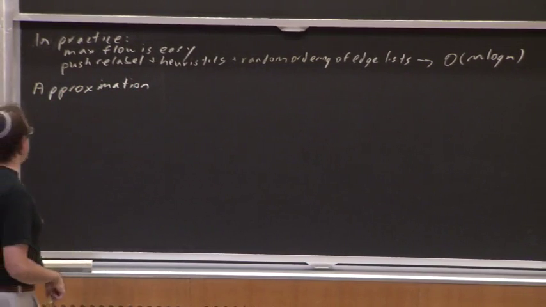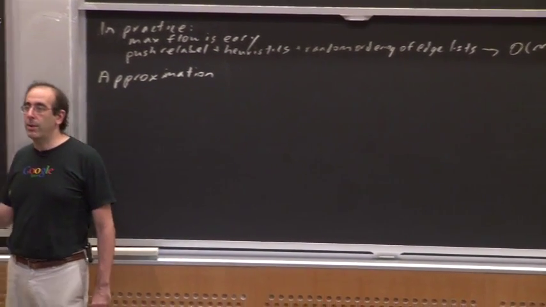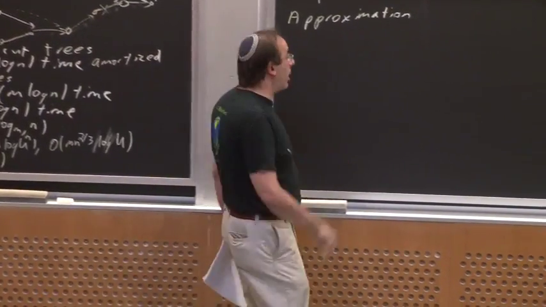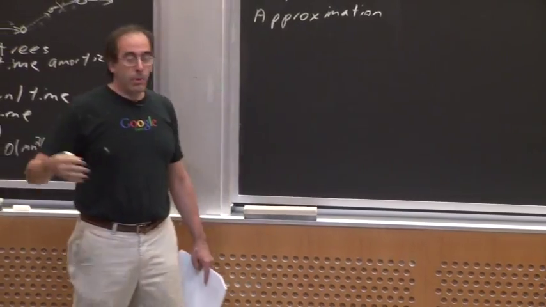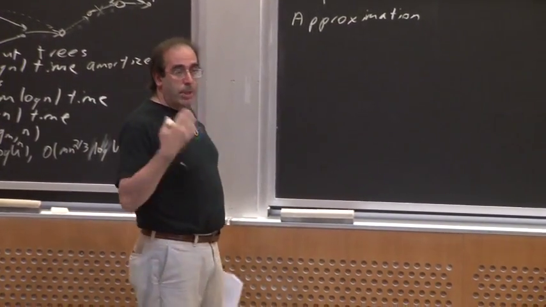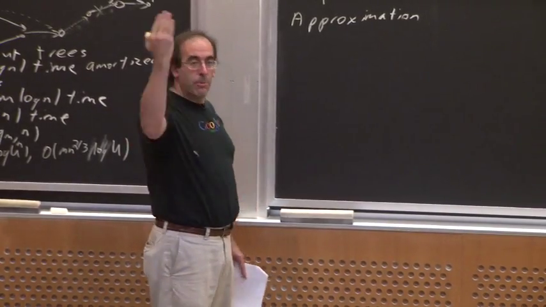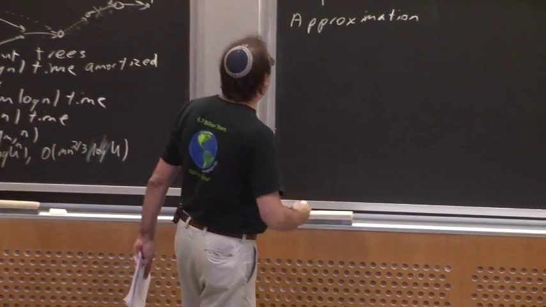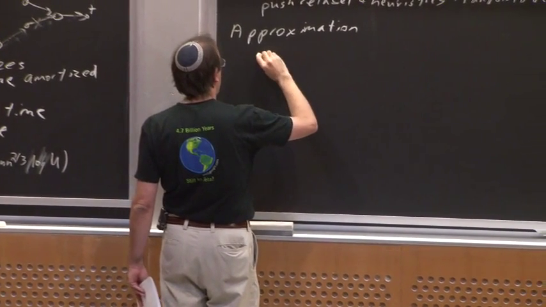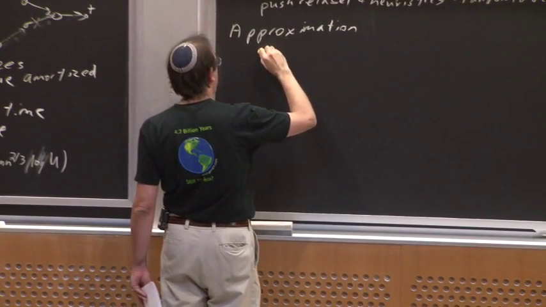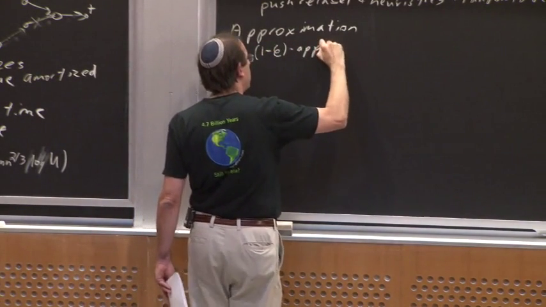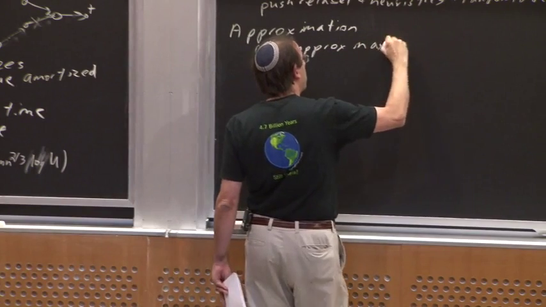We started some of this many years ago looking at approximate max flows in undirected graphs. It turns out that you can do better on them. But the work that I was involved with has long since been overtaken by many other people here at MIT, actually, some of whom were in this class just a couple of years ago. The latest state of things is, roughly speaking, that you can find a 1 minus epsilon approximate max flow.